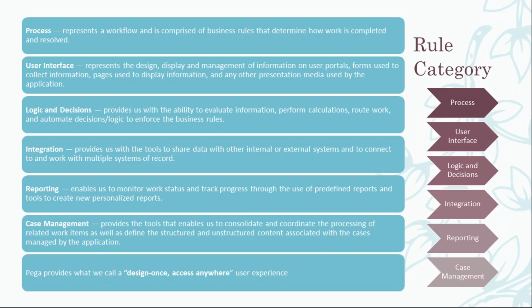User interface rules contain many different rules which take care of all the UI features. For logic and decisions, there are multiple rules for logical, conditional validations. And if you want to integrate with other systems, there are a lot of integration tools also present in Pega.